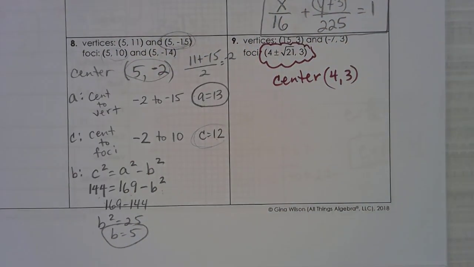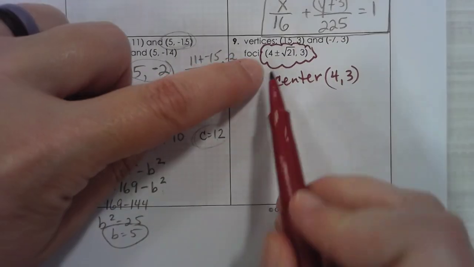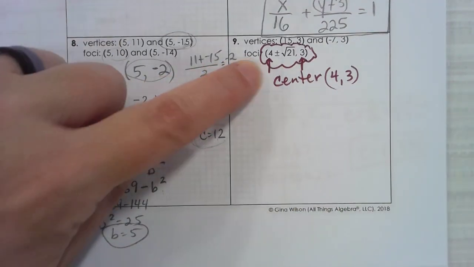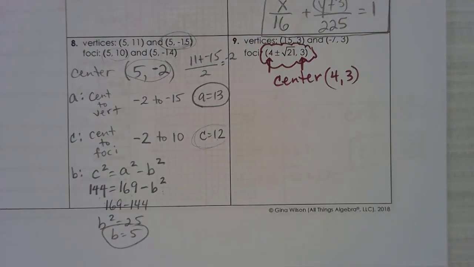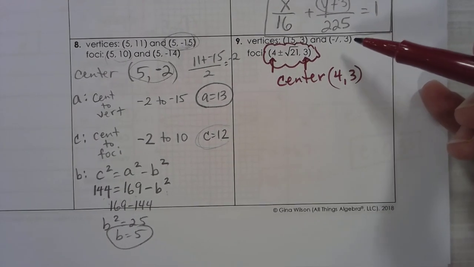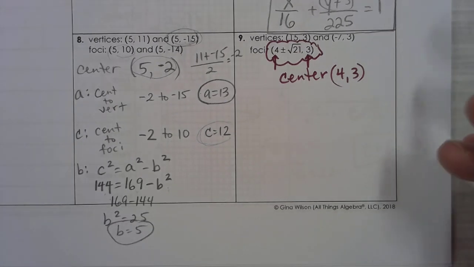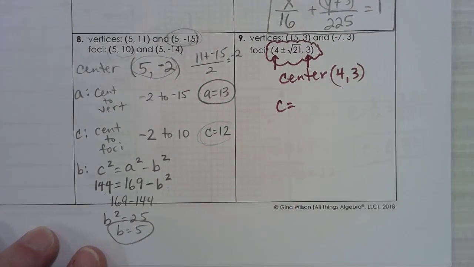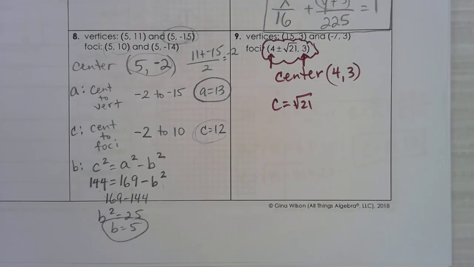Because the foci go off of that center and they're going to add or subtract whatever to each side of that. So these two numbers, the number in the front without the square root and the number at the back without the square root, are going to tell you the center. You could still find it by doing halfway between your vertices if you wanted, but it's already right there in front of you.